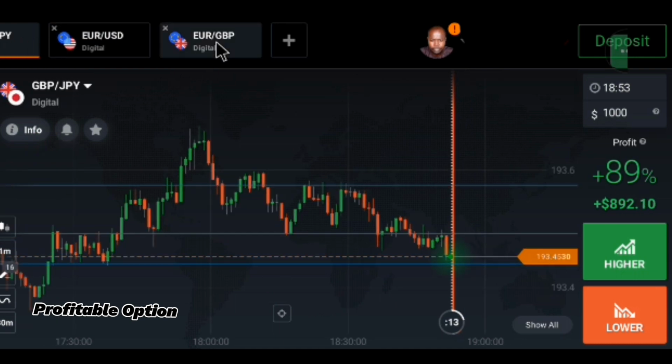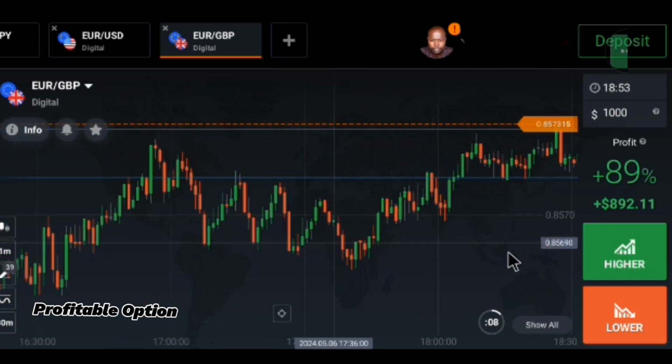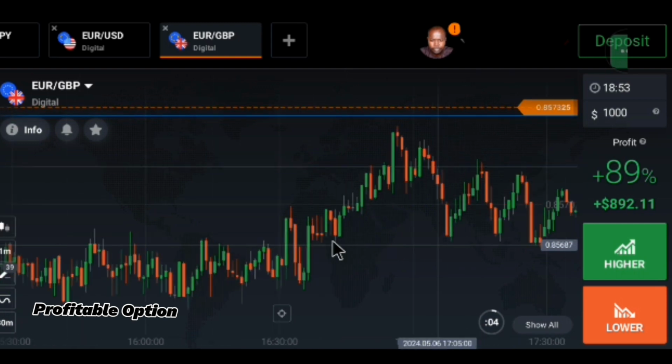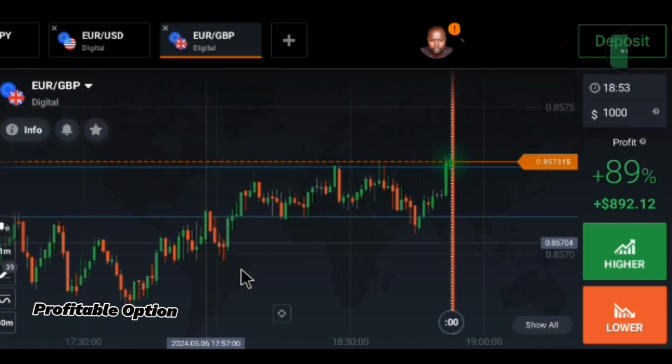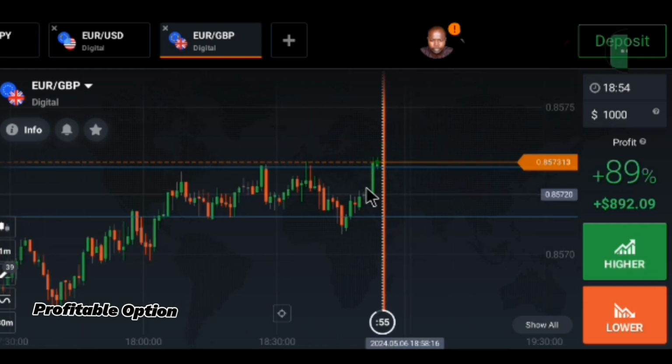Okay, all right, so let me stick to this one because it was going up. It was actually going up, and now it's sideways, and now it's going up again. And so let's see what happens here.